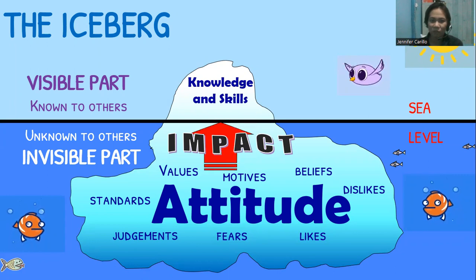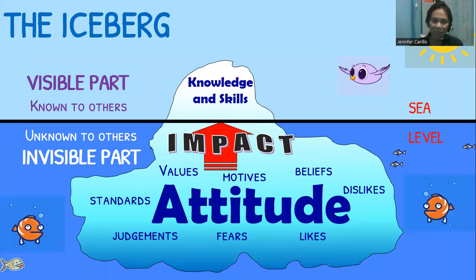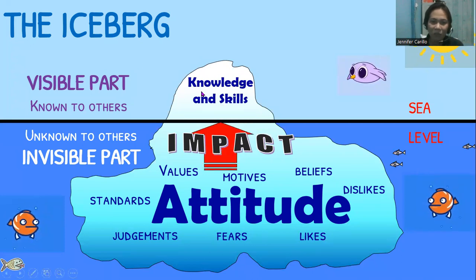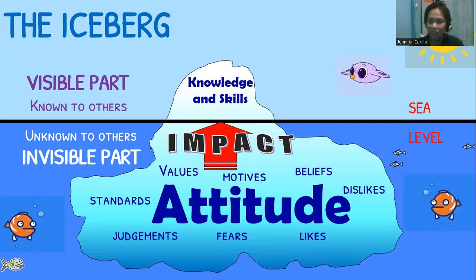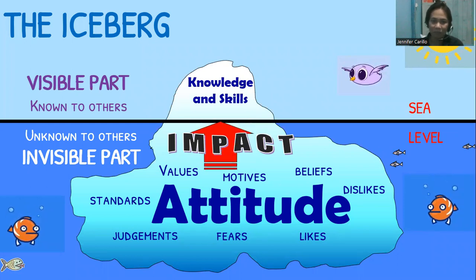If you have a negative attitude in doing research, then it will impact how you will learn research. Another one, math. If students have a negative attitude towards math, then it will impact their performance.